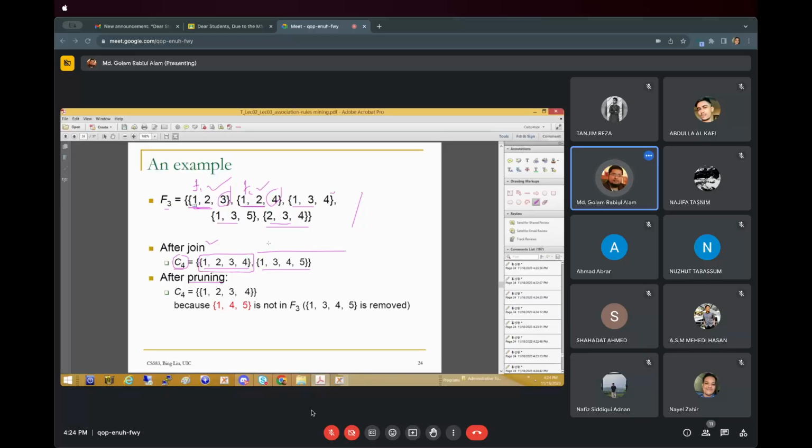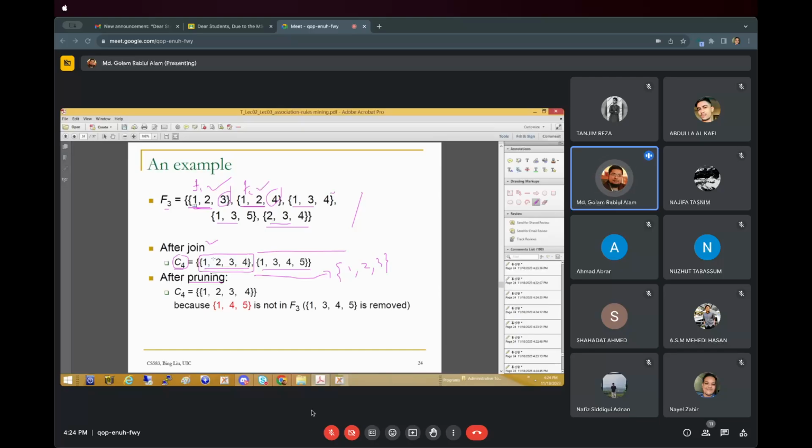For pruning, at first check this one whether we need to prune it or not. From here we can prepare several subsets of the 3-item set. One subset can be 1, 2, and 3.